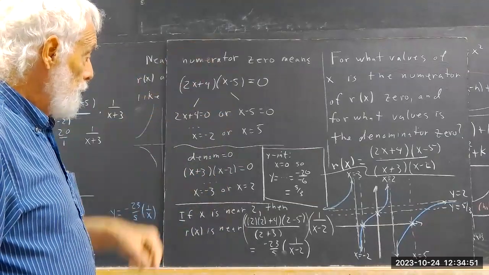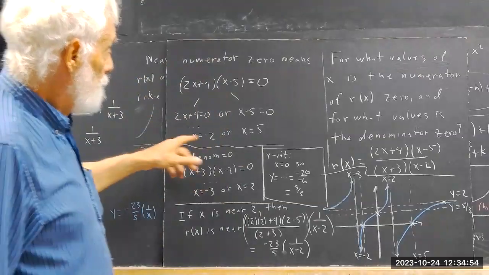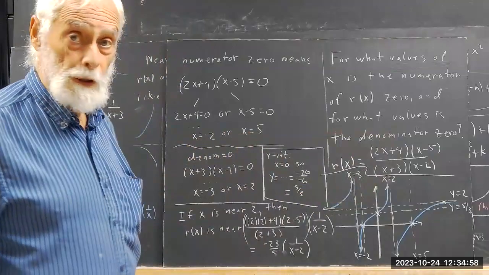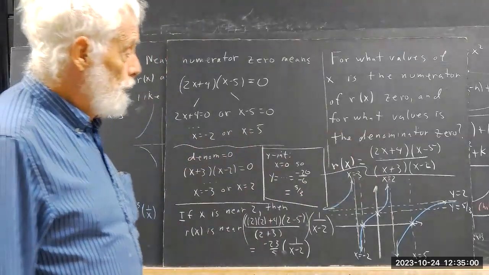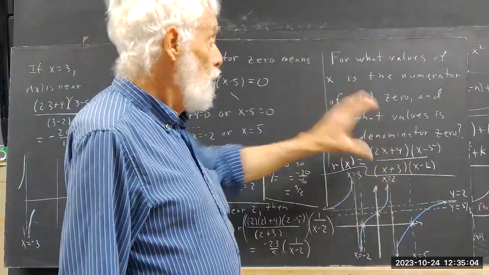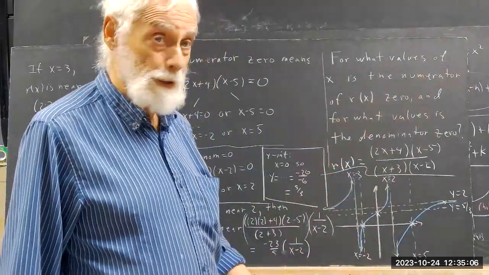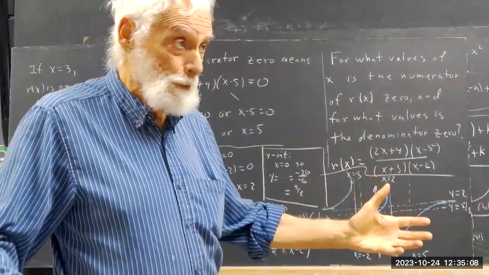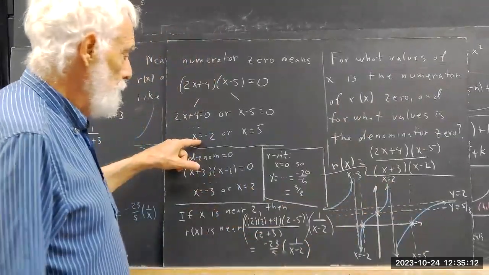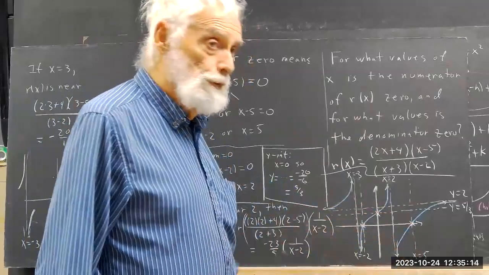If you're not writing it out in detail. So anyhow, we write it out and we find that the numerator is 0 when x is -2 or when x equals 5. Well, if the numerator is 0 and the denominator isn't, then the whole thing is 0. If you divide 0 by something that isn't 0, you get 0, which means that you're going to have a 0 when x equals -2, and you're going to have a 0 when x equals 5.